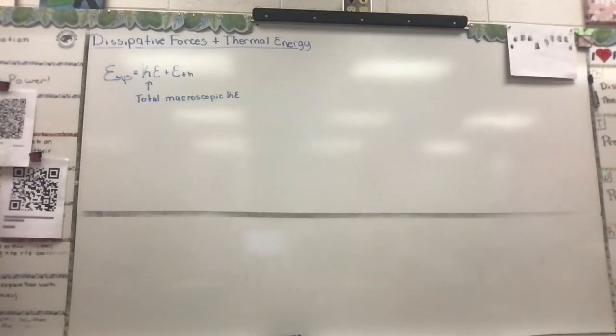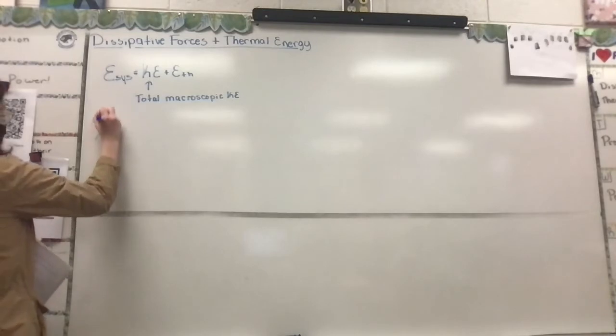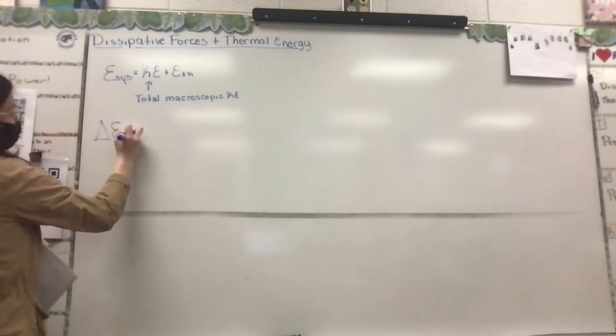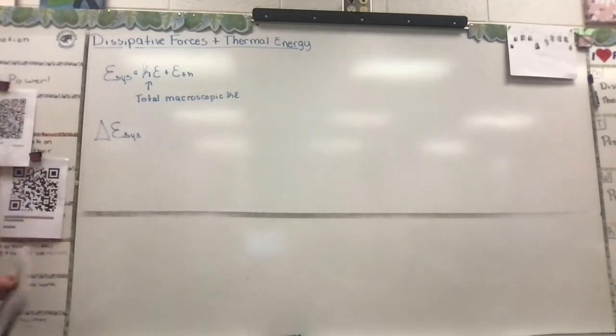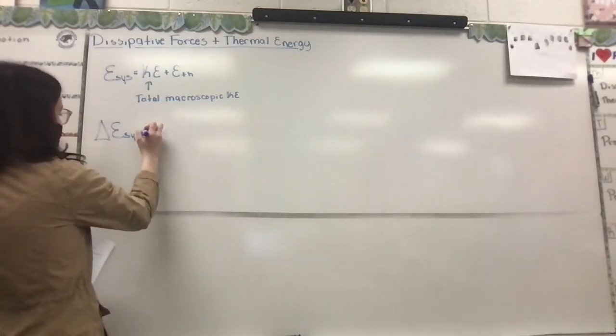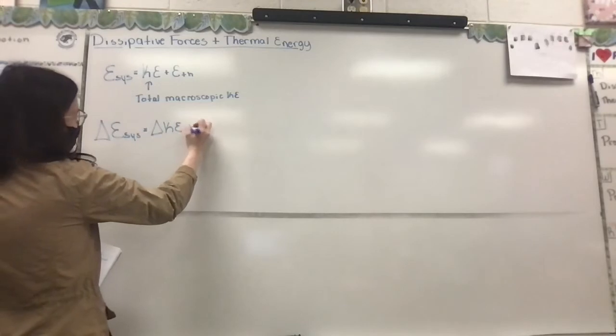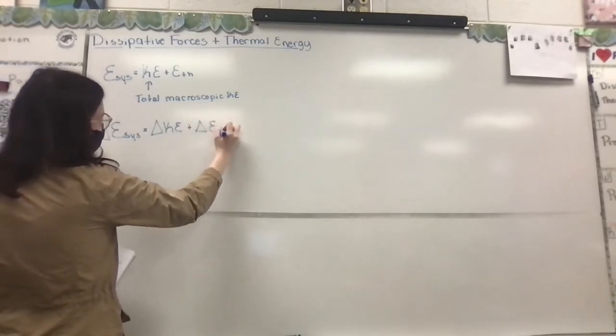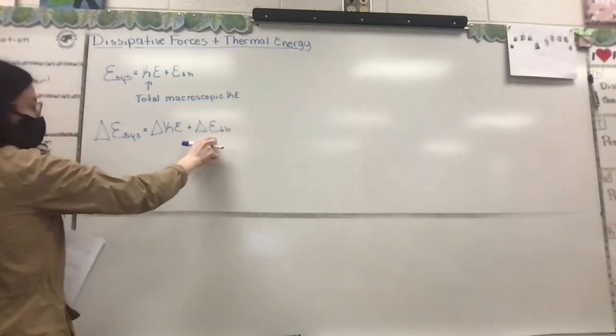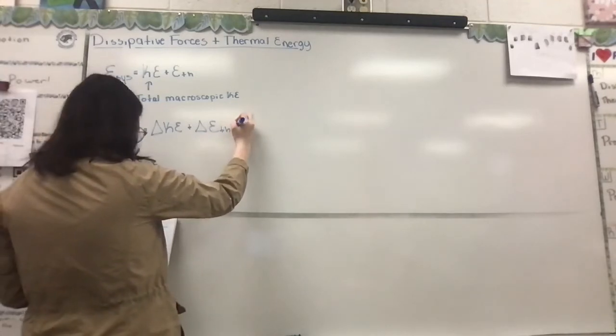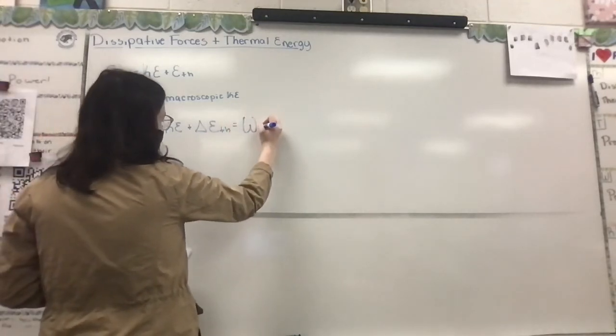When you think about energy, what's the other thing that starts with a W that we've been talking about? Work. Okay, so how does this tie into work? The change in the energy of a system is equal to the change in that total macroscopic kinetic energy plus the change in the thermal energy, and we say that this is equal to the external work.